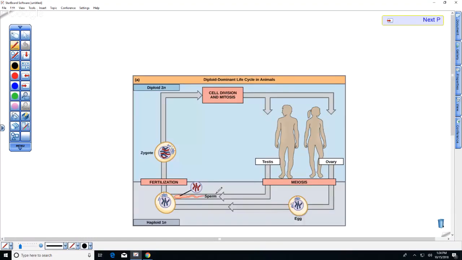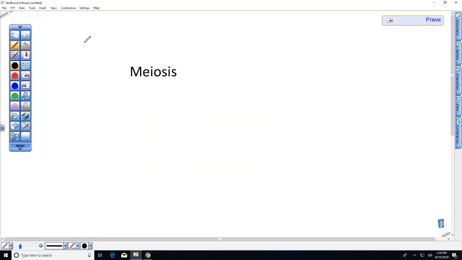Okay. So I'm just going to briefly introduce meiosis, because this is something that we're going to be looking at in the lab. Meiosis is sexual reproduction, and it is the production of what we call haploid cells.